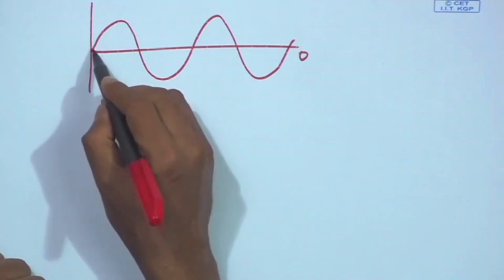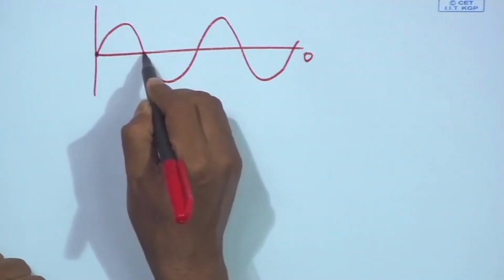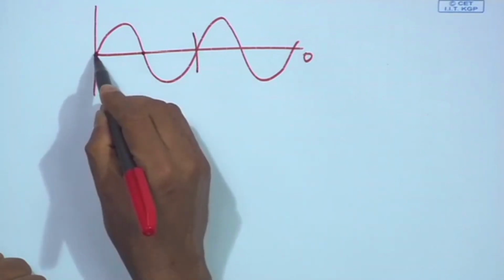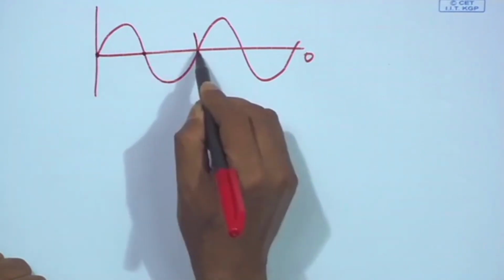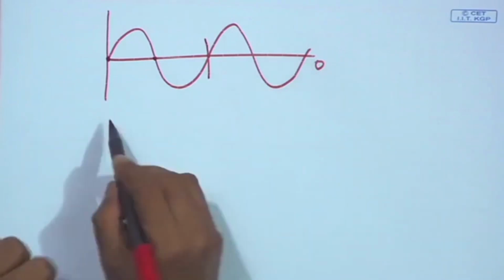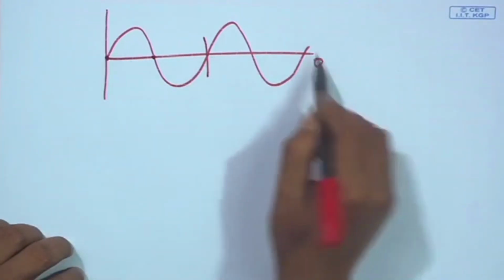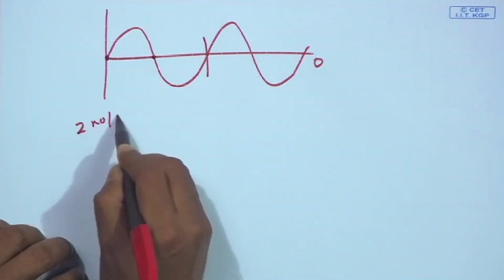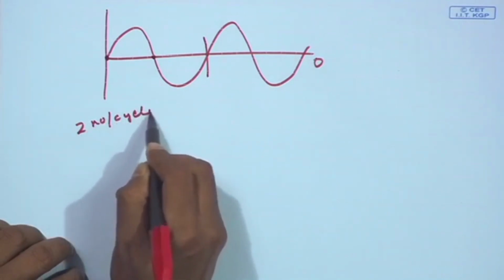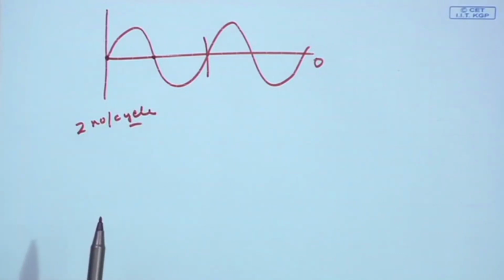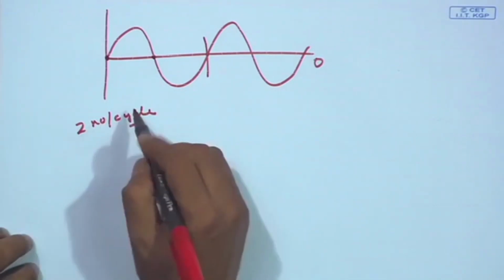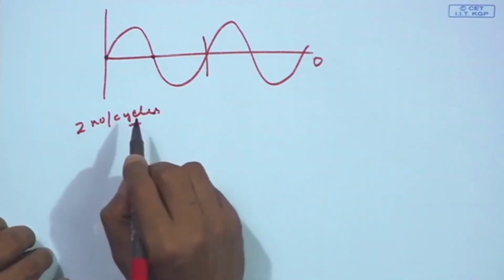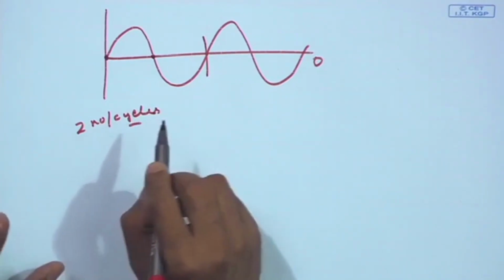It is 1, 2 in a period. If I start from 1, then 1, 2, and then this point is part of the next period. So, I can say if it is a pure sine wave, there are 2 zero crossings per cycle.